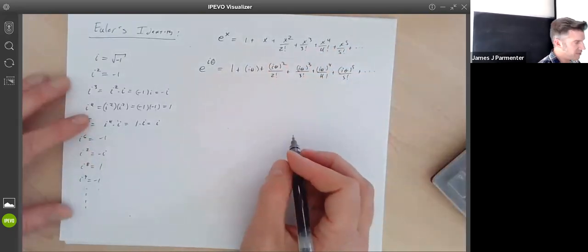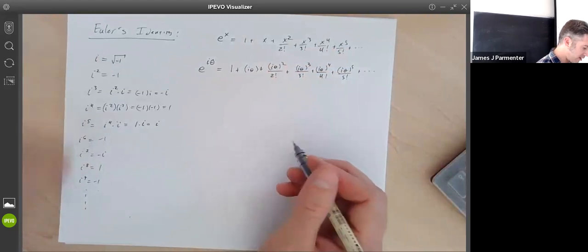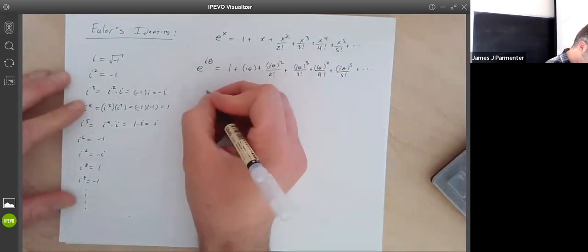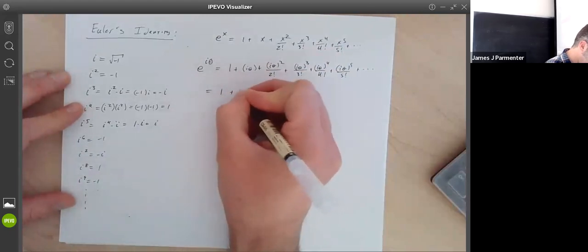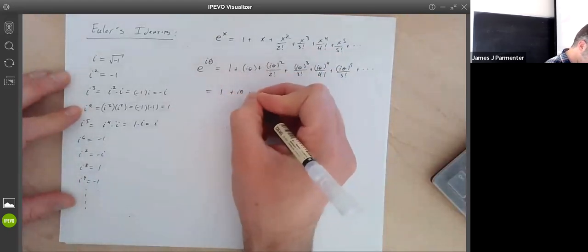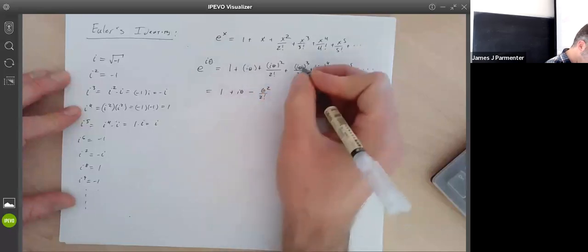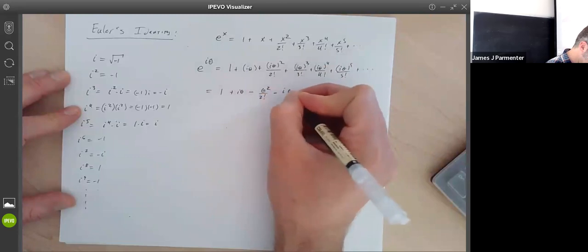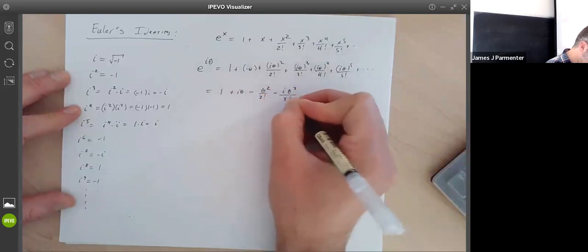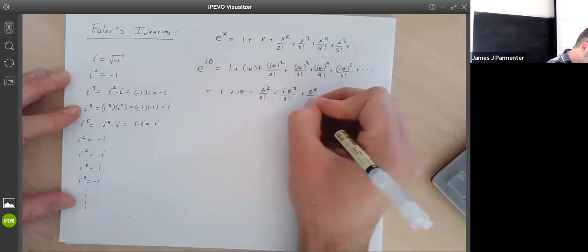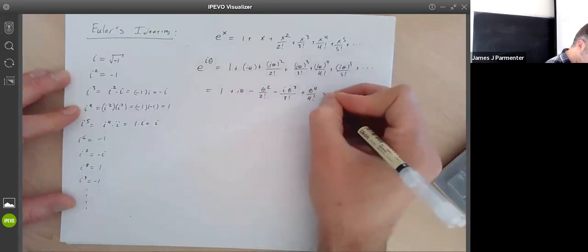Now we're going to simplify this a little bit, using the fact that i to a certain power gets you a certain thing. So we're going to get 1 plus i times theta, i squared is -1, i cubed is negative i times theta cubed over 3 factorial, i to the 4th gets you back to 1, and i to the 5th is going to be just i.